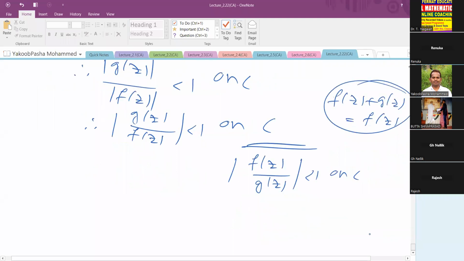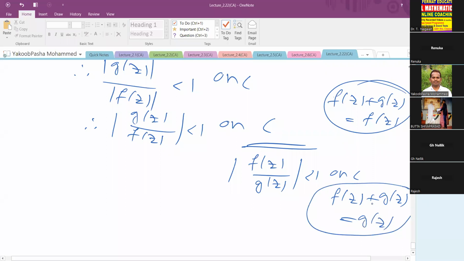In this case, the number of zeros of f of z plus g of z will be equal to the number of zeros of g of z. This is the logic. We have to verify and choose. Choosing is very important అండి. ఎలా చూస్ చేసుకుంటున్నాం అనేది ఇంపార్టెంట్.